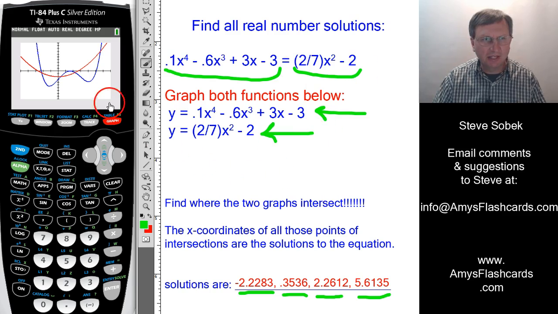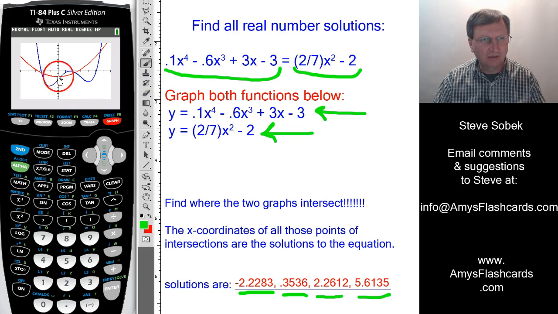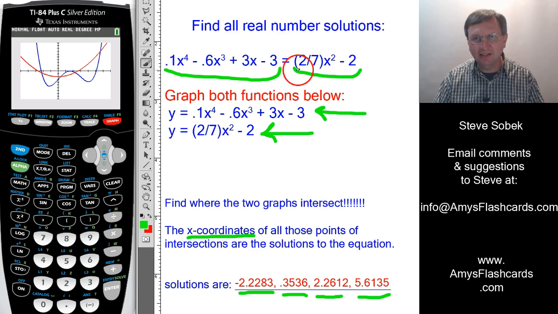Graph them both on the same coordinate plane, and find where they intersect with second calculate number 5, intersection. First curve, second curve, best guess. Go through all 4 of them, and you'll have all 4 solutions. The x coordinates of those points of intersection are the solutions to your original equation. All right, pretty easy to do.